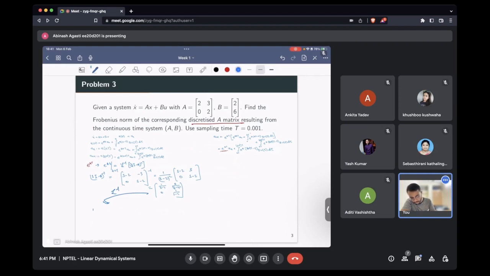The Laplace inverse of 1 by (s minus 2) is just e to the power 2t. For 3 by (s minus 2) whole square, well, 1 by s square is the Laplace transform of t, and s minus 2 means it is a shifted thing.